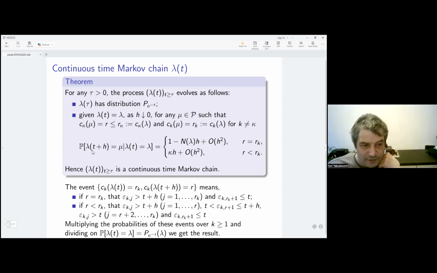And then we can calculate the probability that, for some small number h, our process changes from some partition lambda to some partition mu, which can actually be equal to lambda.